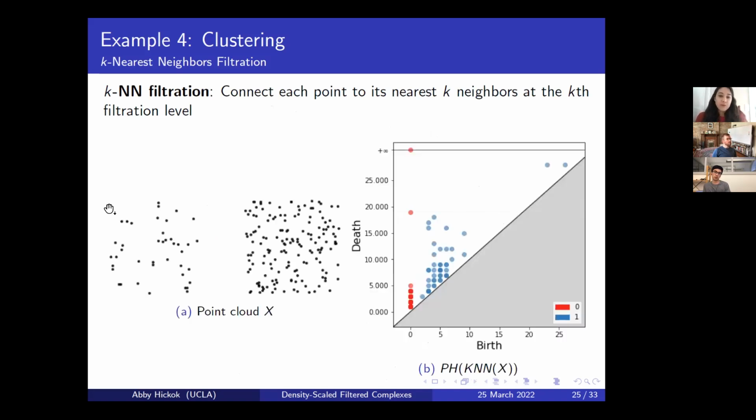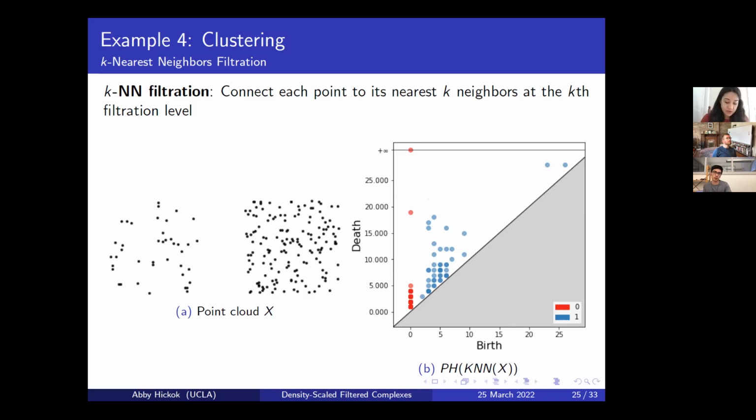What happens here is that we do see these 2 pretty persistent 0D homology classes, but we also see all these 1D homology classes, and these are not very close to the diagonal. Some of these 1D homology classes have persistence almost as long as this 0D homology class, which is a very real feature of the manifold. It corresponds to one of these clusters here, whereas of course, there are no actual 1D homology classes in the underlying space.